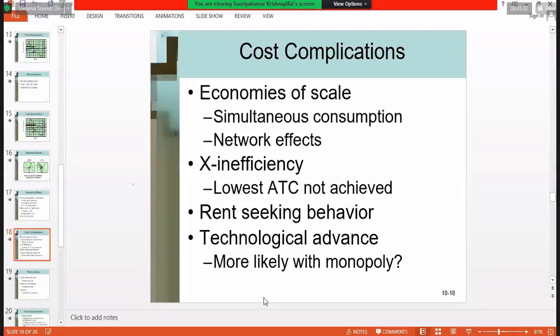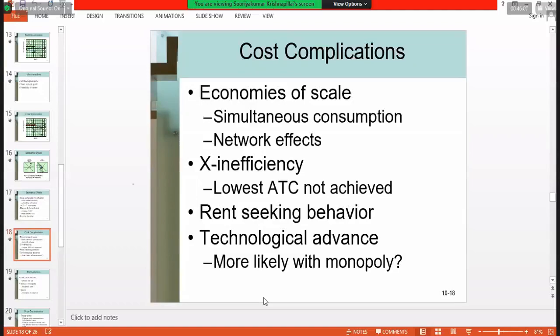So the managers, if it is a monopoly, it can be a large firm. The manager may not work hard also, because they are the only producer. He is managing that firm.